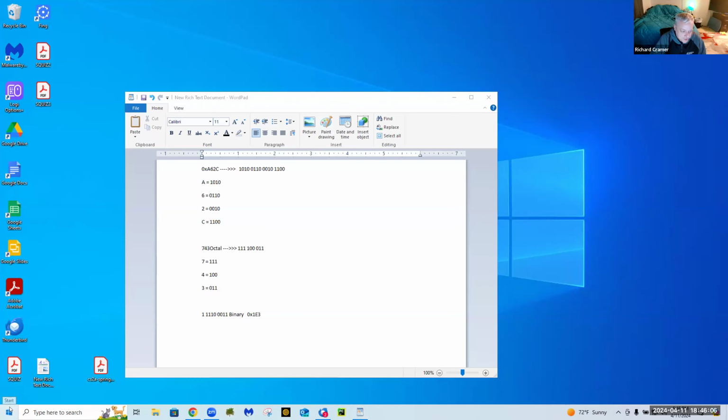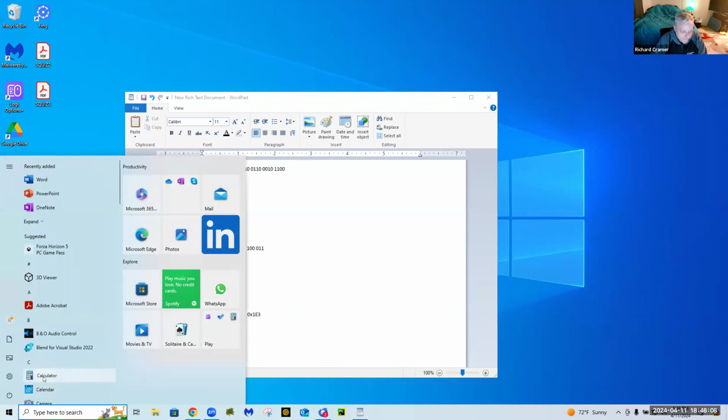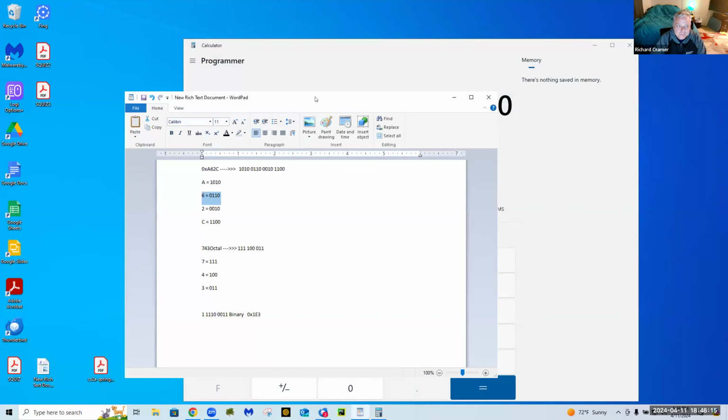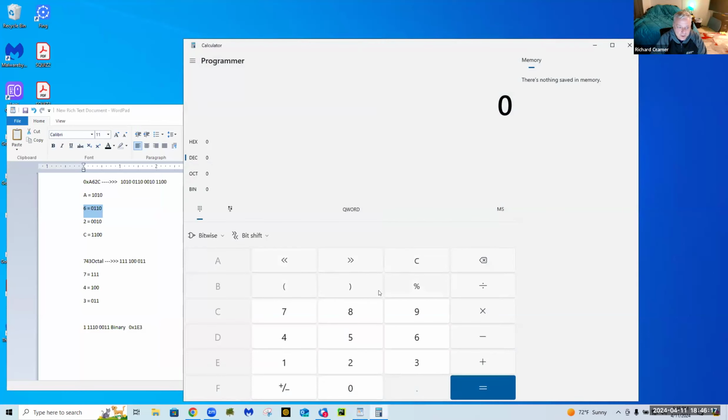I usually use a calculator, and if we put in 743 in octal, the calculator converted it for me.